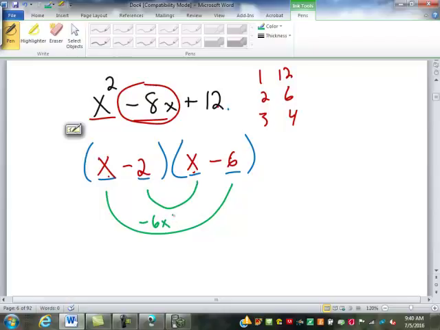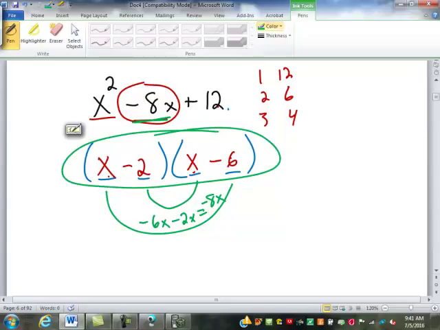Negative 2 times x, negative 2x. Negative 6 and negative 2 add to make negative 8x. Is that what we want? Sure is. What do you think?